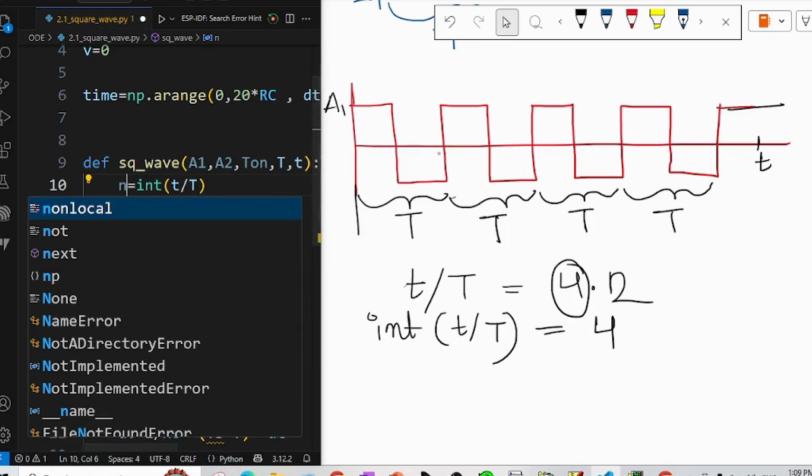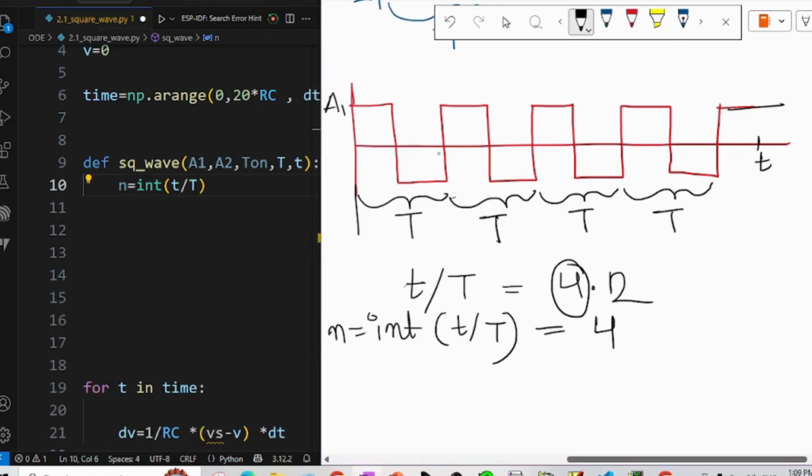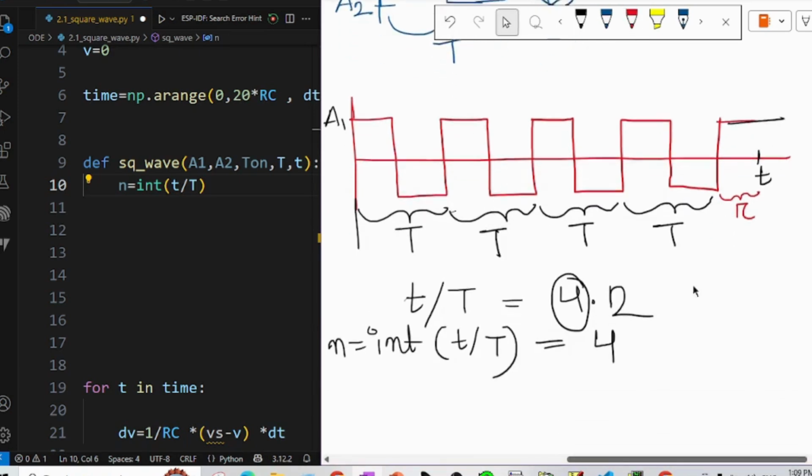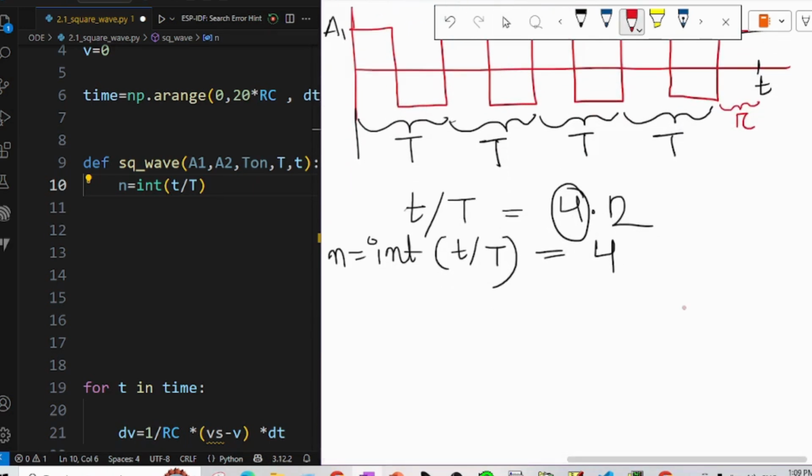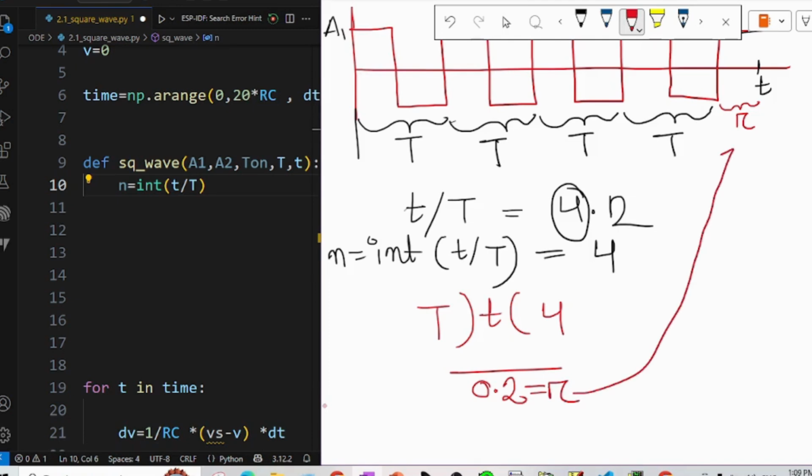Okay, so that means this is n, and then I need to find this r. How will I find this r? As this is the remainder, if you divide t by capital T, you will have here 4, and as the remainder you will have this 0.2. This 0.2 will appear here as the remainder, so this is actually r, 0.2.